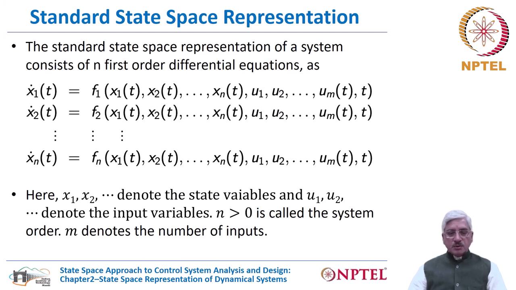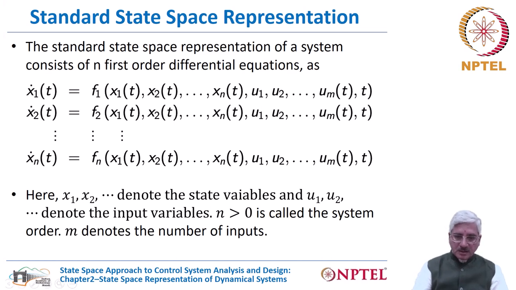The quantities u1, u2 etc. represent the inputs, and t, as we understand, represents the time. The beauty of the standard state space representation is that it is capable of handling more than one input, or in other words, multiple input systems.